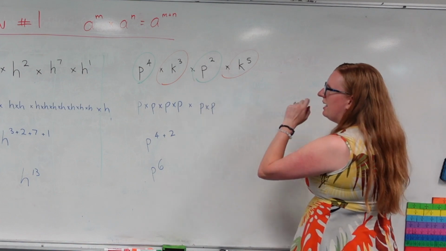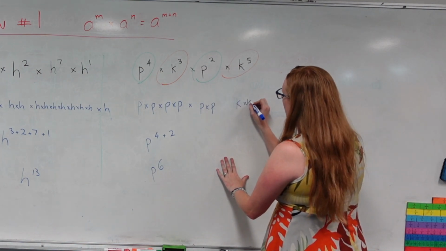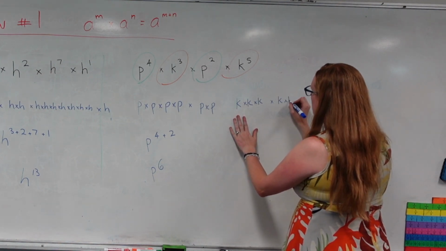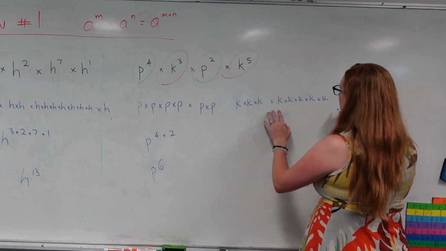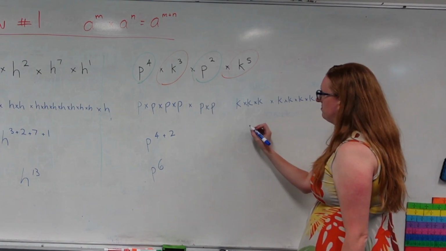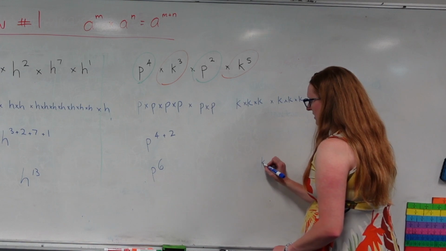All right, now let's do our k's. So I've got k times k times k times k times k times k times k times k. How many do I have? 1, 2, 3, 4, 5, 6, 7, 8. So, it's k, not p. K to the power of 8.